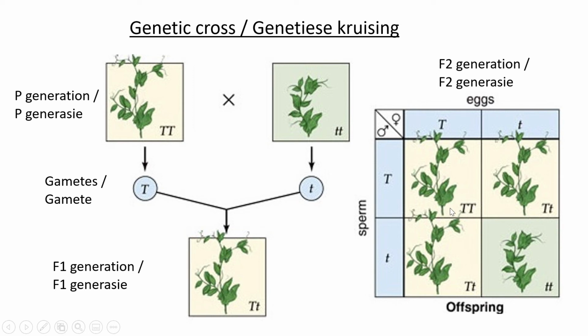It tells us the chances of getting a heterozygous one is 2 out of 4. Sorry, the chances of getting a homozygous recessive one is 1 out of 4. So what this block just tells us are the chances of getting a specific genotype as an offspring.